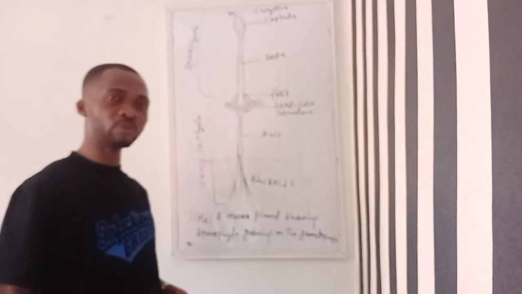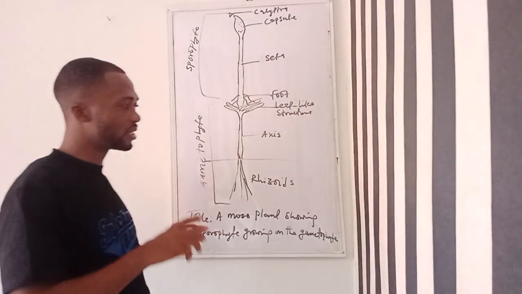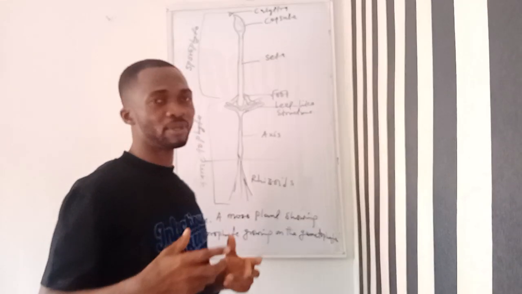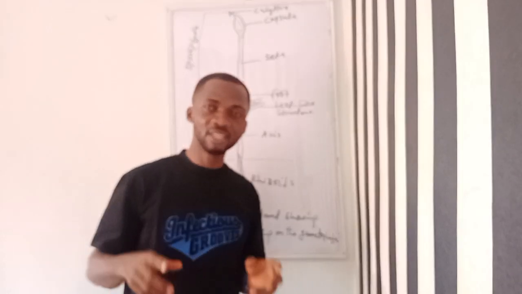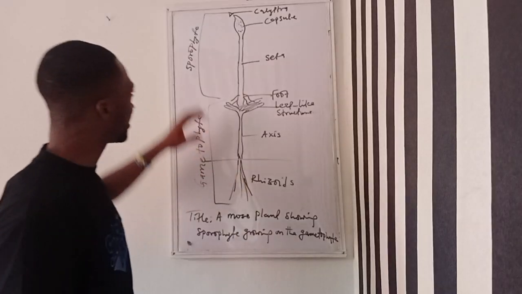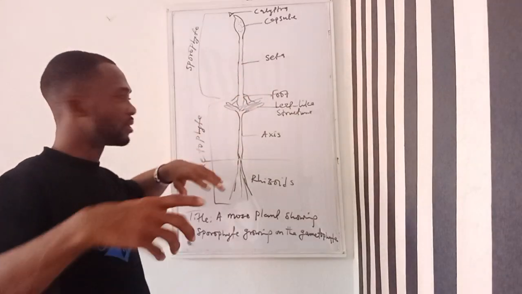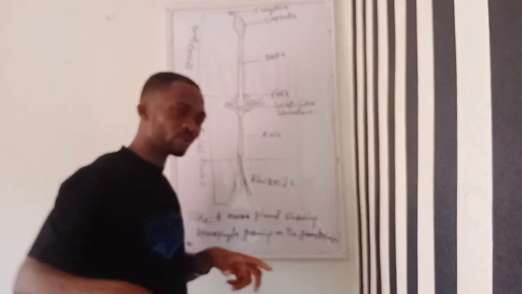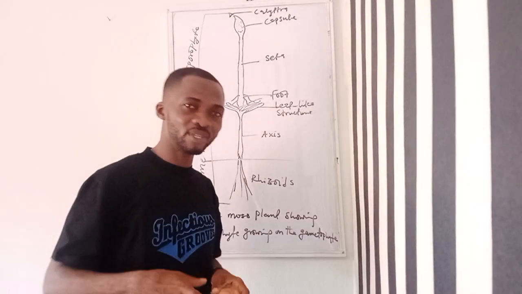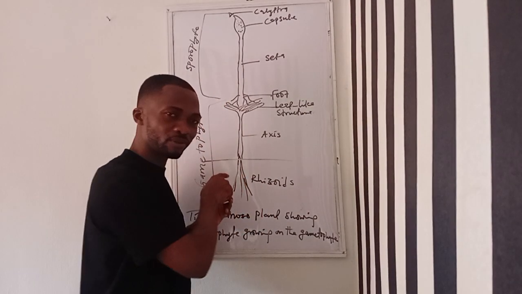So it's the gametophyte that has a link with the soil, not the sporophyte. And this is why I gave that explanation, that the sporophyte is dependent on the gametophyte. You can see that this is the foot of the sporophyte, the root-like structure which the sporophyte uses to absorb nutrients, not from the soil, but from the gametophyte.